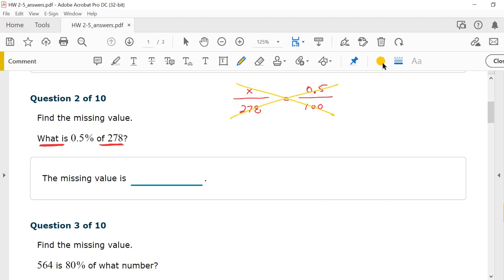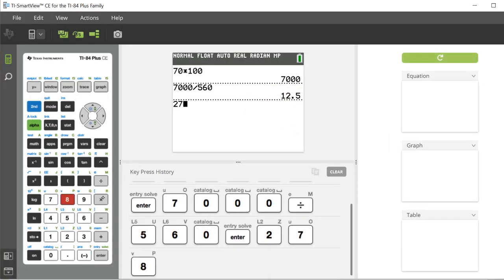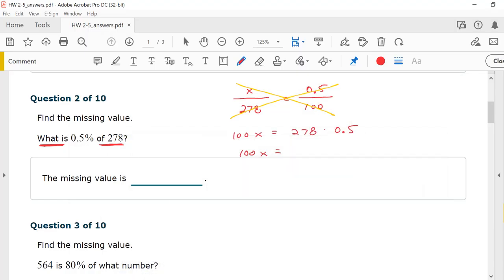Cross multiply. So we're going to have 100 times x equals 278 times 0.5. So 100x equals 278 times 0.5, which is 139.